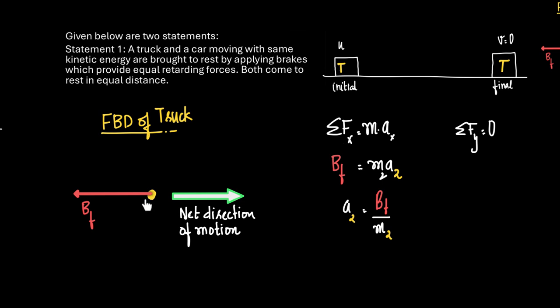There is only one force which is acting in the x direction, and since the net direction of motion is towards the right, we'll take all the forces acting towards the right as positive, and we'll take all the forces acting towards the left as negative, and therefore we have Bf is negative, and therefore minus Bf will be equal to m2 a2, and a2 is therefore minus Bf by m2, right?